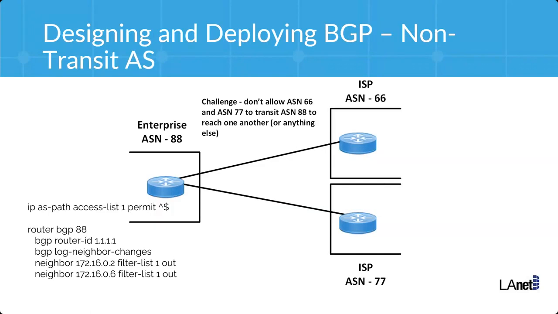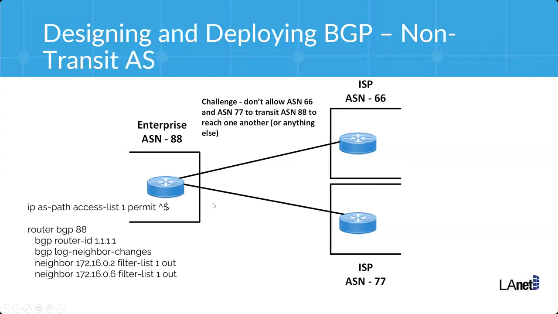Let's go back to this scenario because you are susceptible to a real problem here. This was when we started to add two ISPs. So I want to point out something. ISP 66 and ISP 77, what happens when they want to talk to one another?